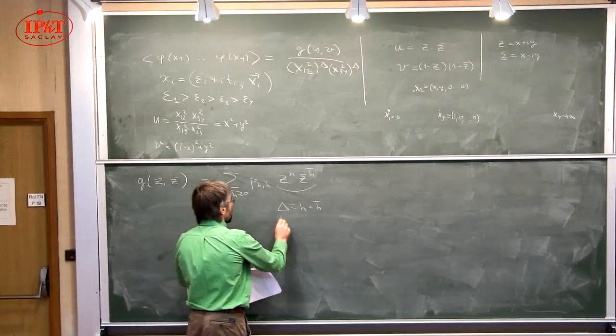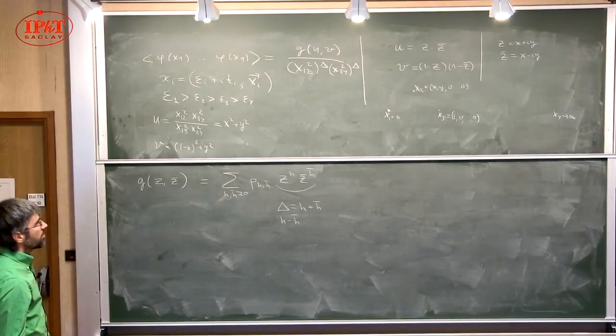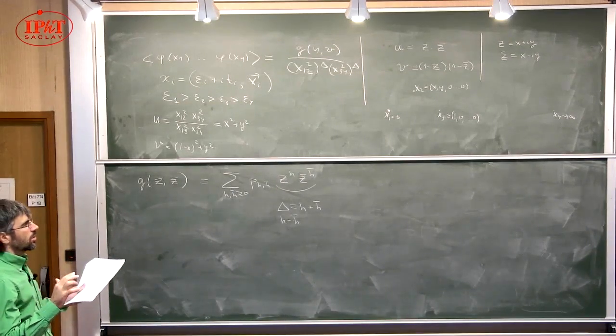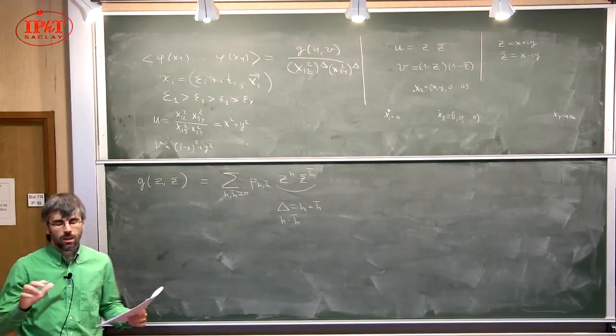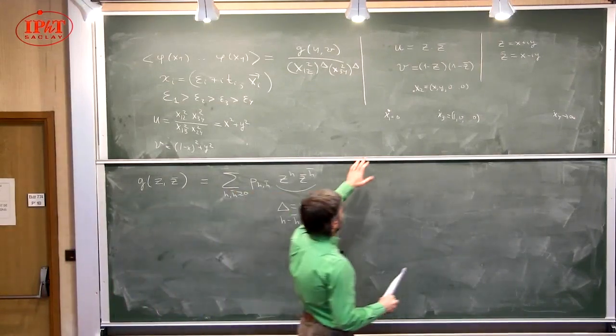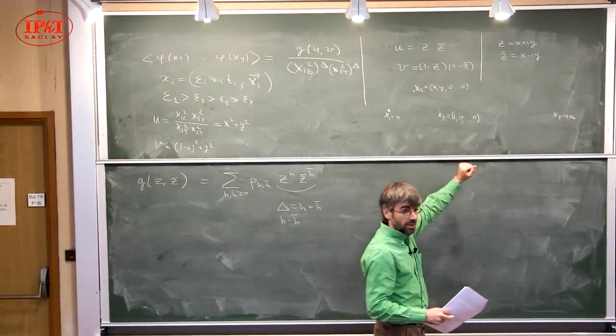while h minus h bar has its own meaning. So you see, when we talked about classifying operators in conformal field theory, for us spin was related to the representation in which the operator transforms under the whole rotation group in d dimensions. But now we took this d-dimensional space and picked in it this two-dimensional plane.